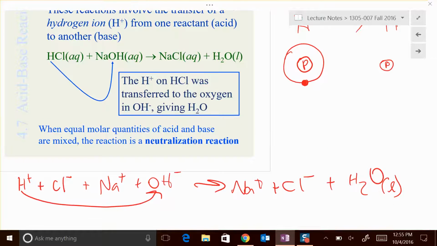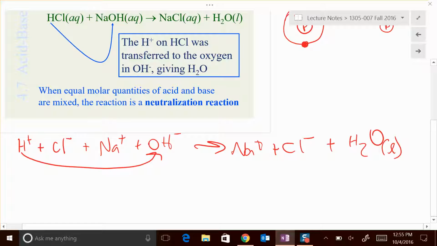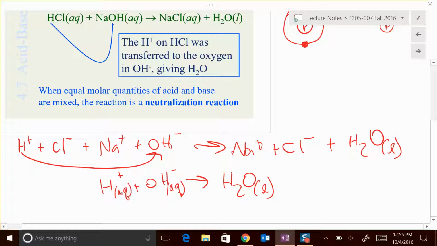So this is the ionic equation. What's the net ionic equation of an acid-base reaction? H plus plus OH minus to produce H2O. Just like that. That's the acid-base reaction. I have a strong acid and a strong base. Okay?